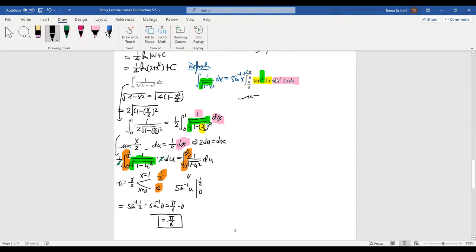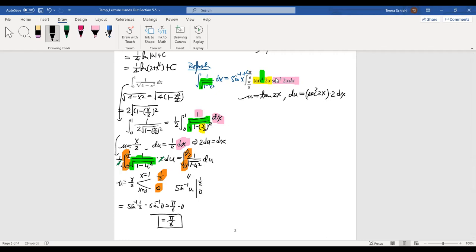So I will say u is equal to tangent 2x, correct? All right, so then I take the derivative of both sides, so it's du. What is the tangent's derivative? It will be secant squared 2x. Don't forget, what is here? I need to do the chain rule, right? So I need to multiply by 2 and the dx here.